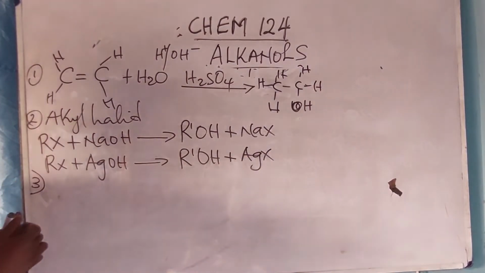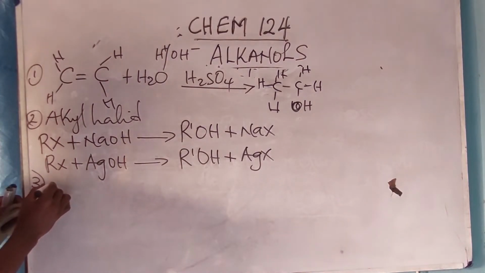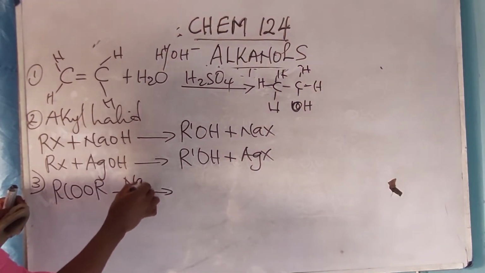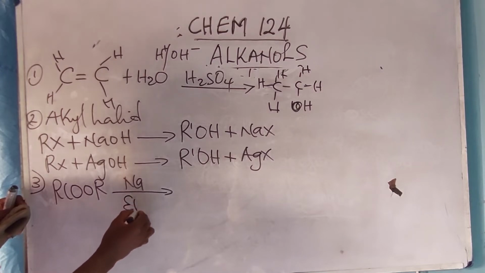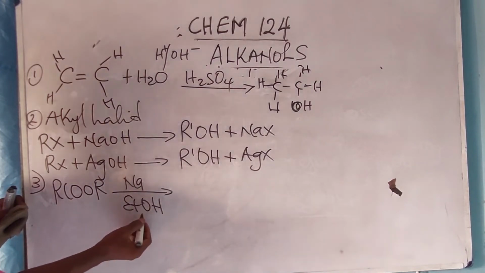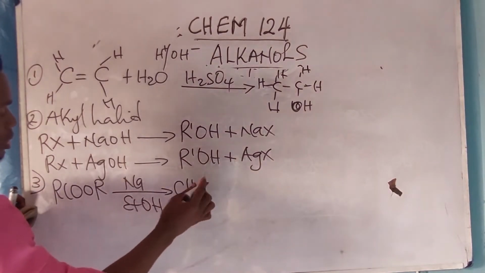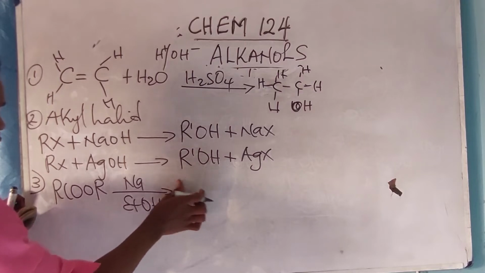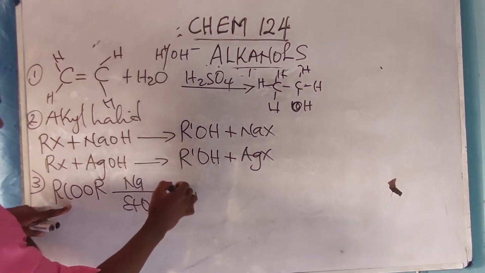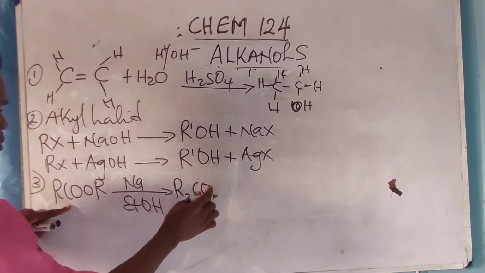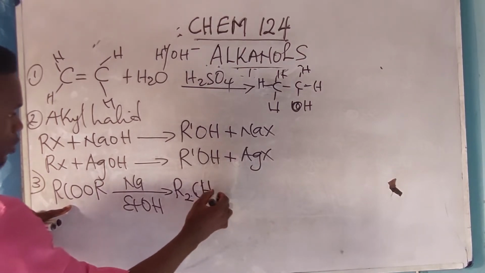Number 3. Alcohol is also produced when esters are reduced. I have RCOOR in the presence of what? Sodium in ethanol. Sodium in ethanol is used to reduce ester to what? RCH2OH.